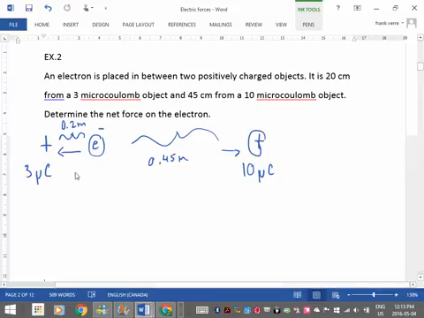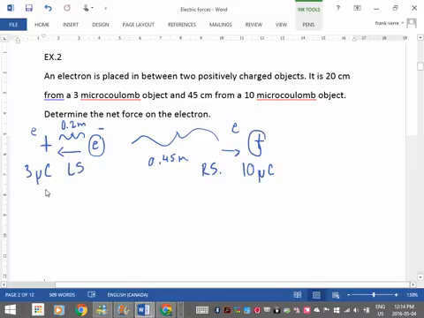So let's look at this side. We'll call this the left side, and we'll look at the right side. Now, it's an attractive force. So on the left side, it will pull to the left, and on the right side, it will pull to the right. Does that make sense? If it was a repulsive force, in other words, if this was an electron and this was an electron, which way would the force point?